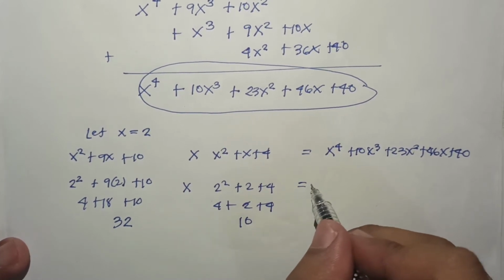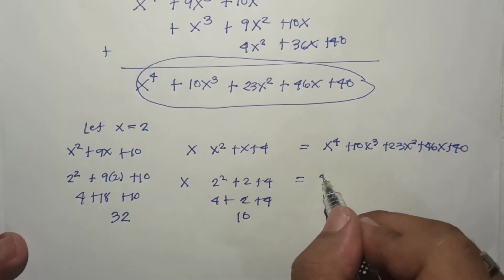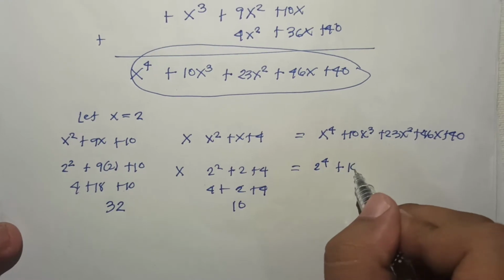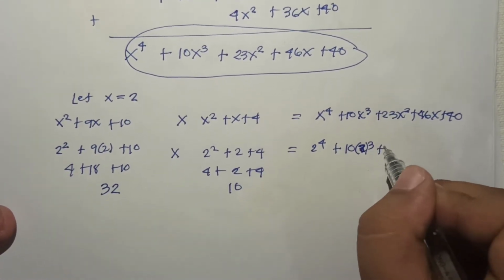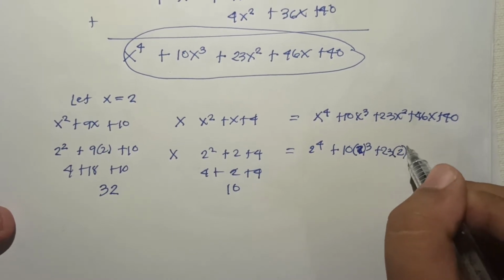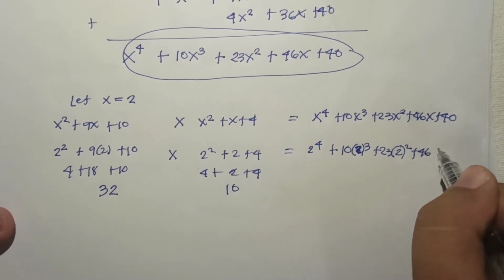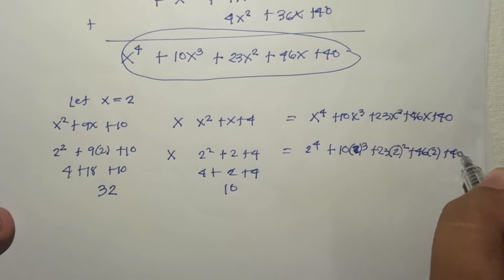When you substitute here, we have 2 raised to 4 plus 10 times 2 cubed plus 23 times 2 squared plus 46 times 2 plus 40.